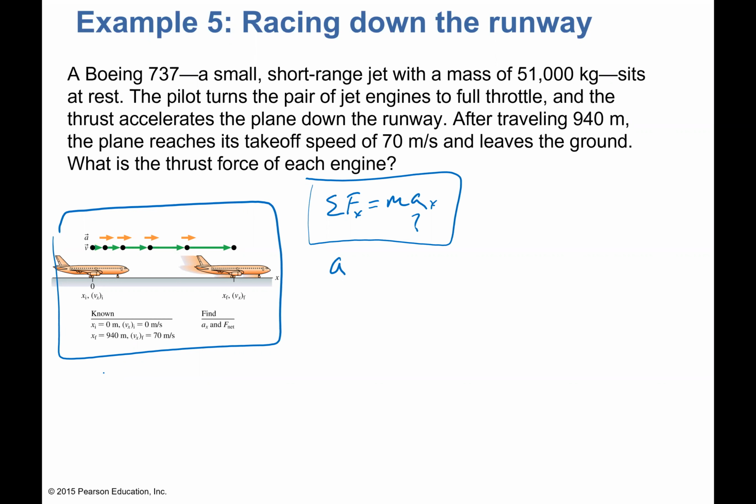Taking x initial, which is 0, we know it starts from rest, so v initial is 0. It travels 940 meters, which is x final equals 940 meters, until it reaches a final speed of 70 meters per second, and it's ready to take off.